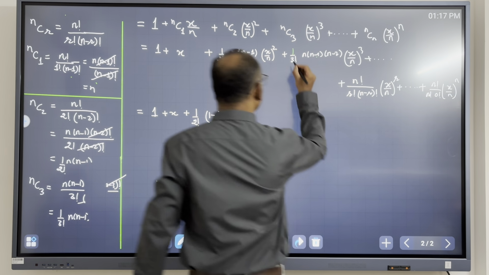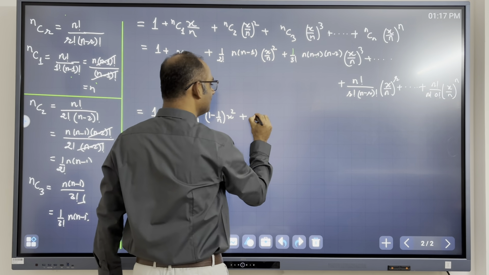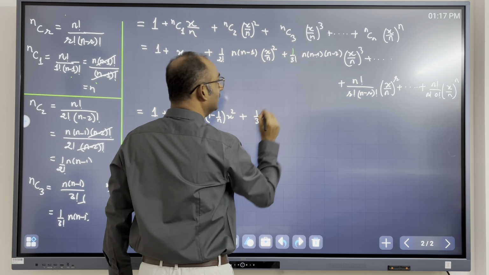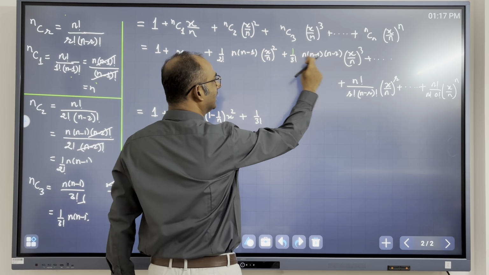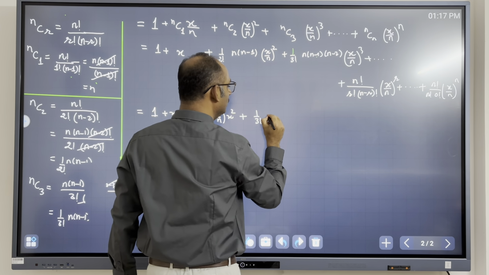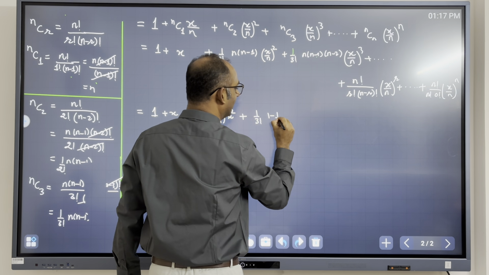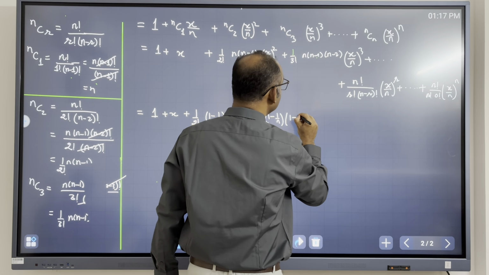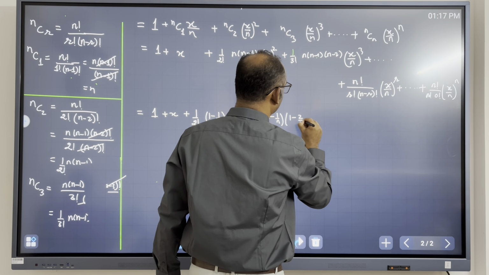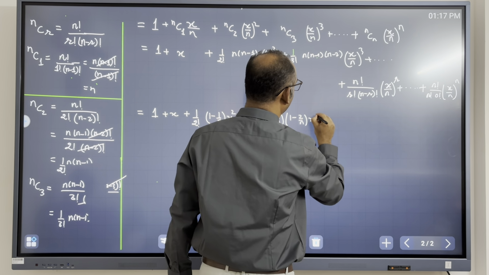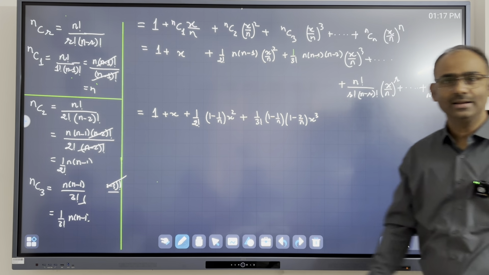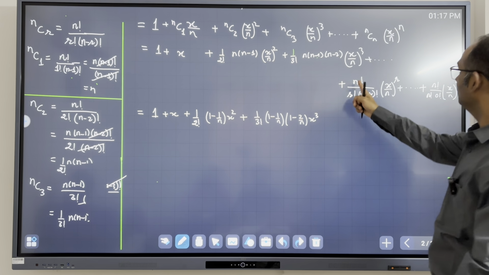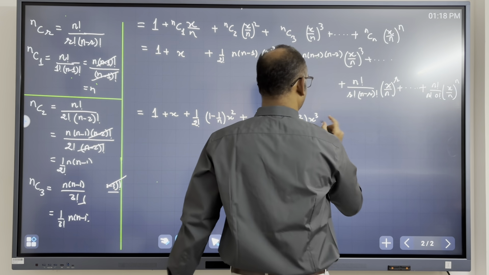So you have 1 over 3 factorial here, that n cancels with one of the n's, and the remaining two give you 1 minus 1 over n, 1 minus 2 over n, x cube. Is that fine? Okay, let's come to this term now.